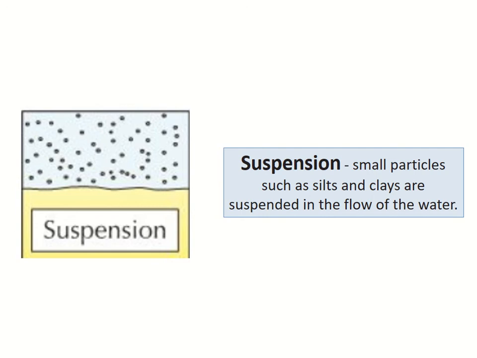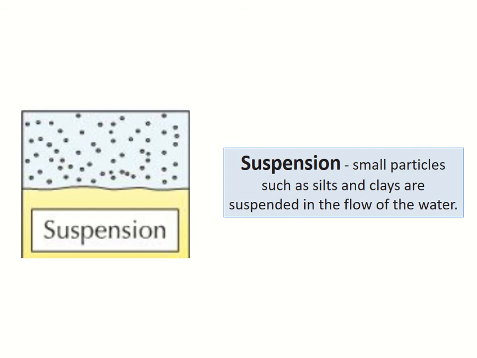The second thing we have is something called suspension. Now, suspension is very similar to the erosional process of solution in the sense that we're talking about really, really small particles here. And these small particles are suspended in the flow of the water. So if you've ever been to the beach, and if you probably haven't done this, but you could get a cup of seawater.